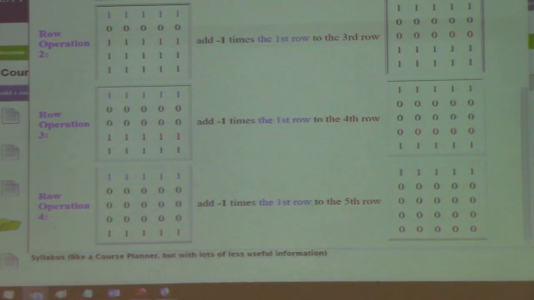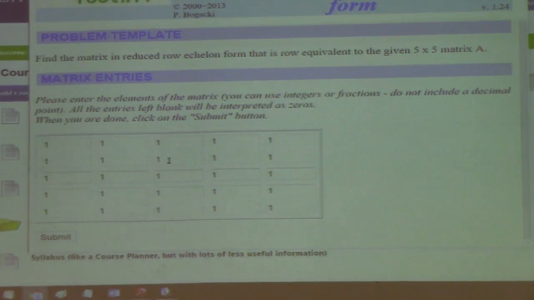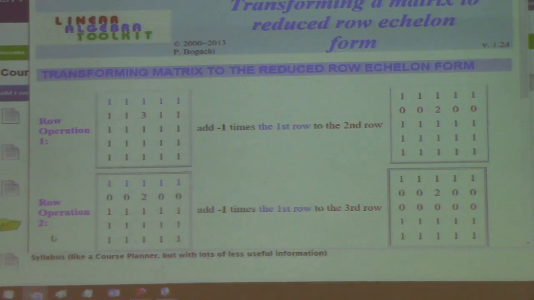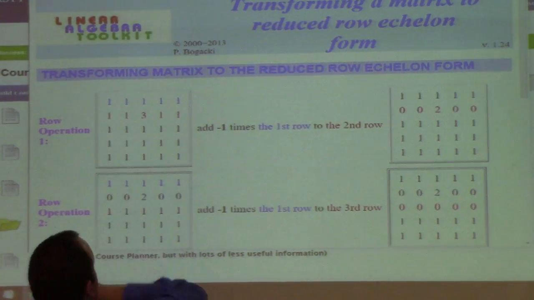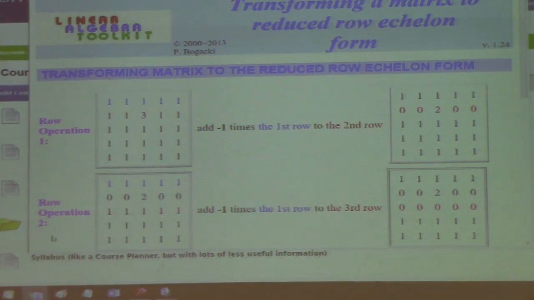Here, let's go back and try something slightly different. All I did was put a 3 there, right? So I can tell you what's going to happen. Where that 3 is, there's going to be a pivot position right here.